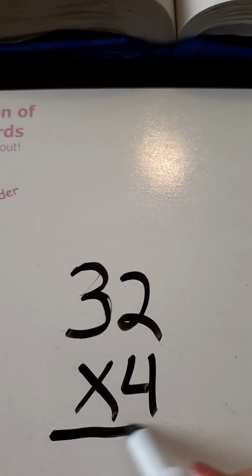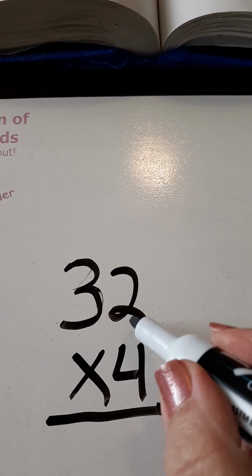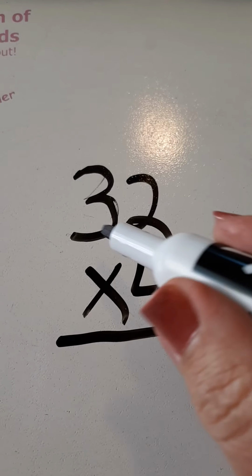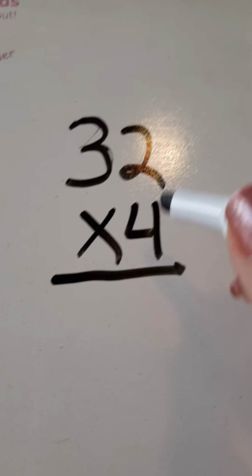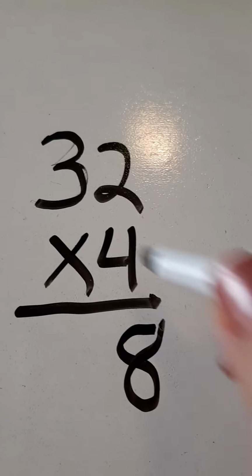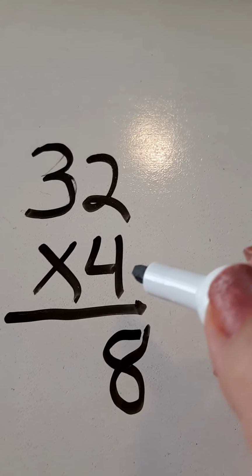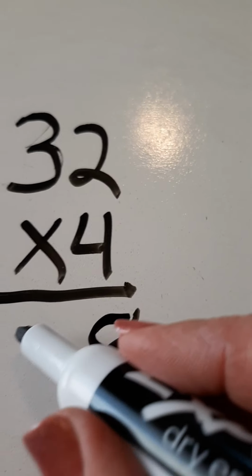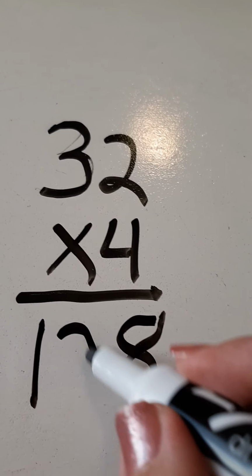So we set it up, right? We have our ones here and our tens here. We go 4 times 2, then 4 times 3. Ready? Okay, 4 times 2 is 8, so we put our 8. We didn't have anything to carry, so we just have 4 times 3, and that is 12, since we know our times tables.